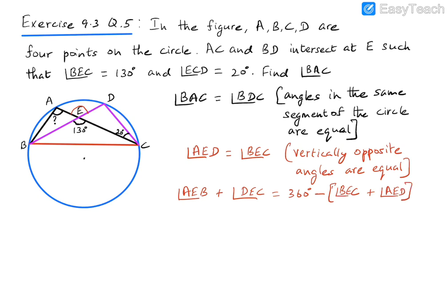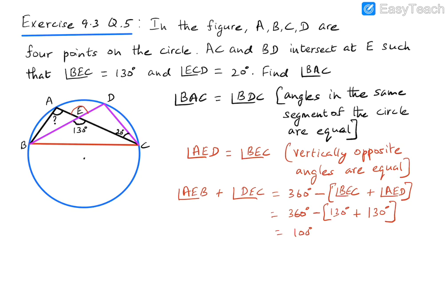We have this to be 360 degrees minus BEC, which we know is 130, plus AED, which is also 130, because they are vertically opposite angles. So 360 minus 260 will give us 100 degrees.